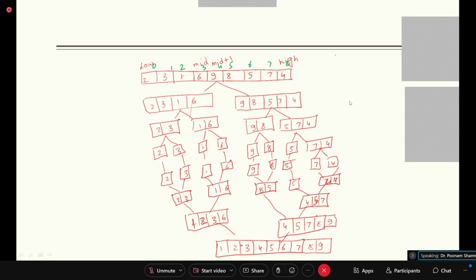So we have 9 elements. Then in that case, what will happen? We will find out 9 divided by 2, it gives me 4.5. So 4 have been considered here. So 0 to 4 will be considered here, and 5 to high. High is the last value, low is the minimum value, and mid is the mid value. So you will consider low till mid over here, and mid plus 1 to high you will consider here, right?